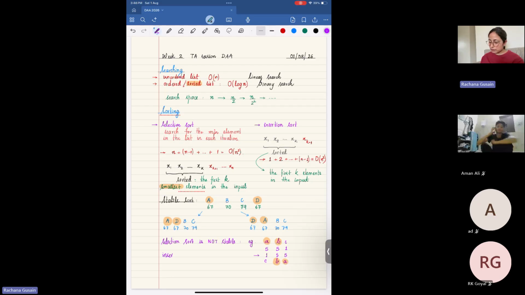Do you think it is stable? See, just try applying insertion sort to this simple example itself. You should be able to answer for any input.